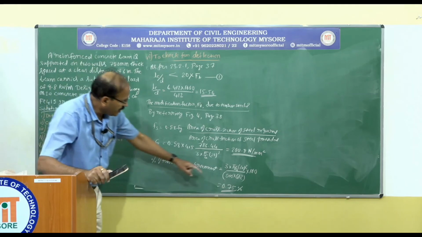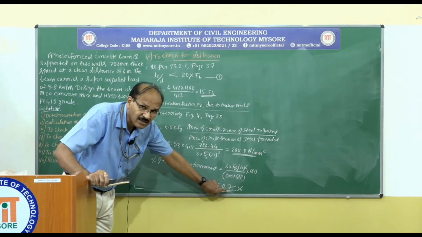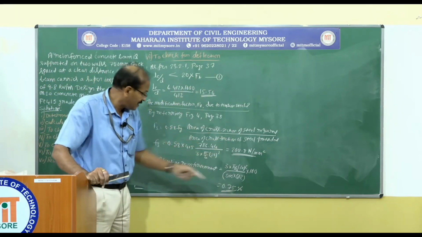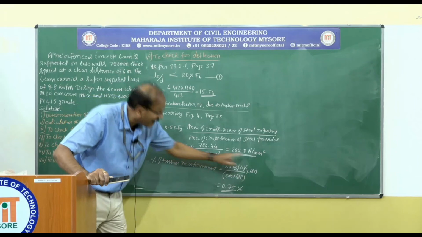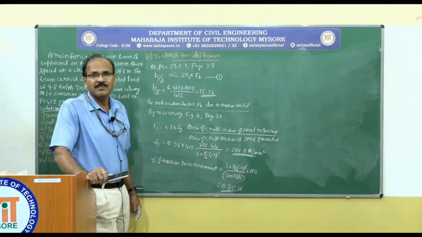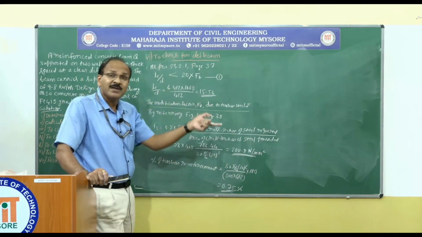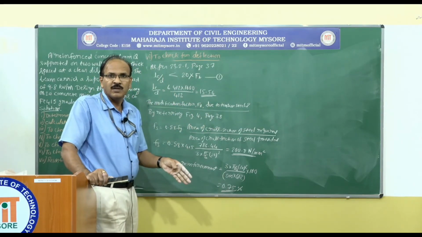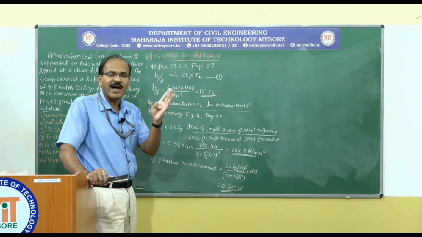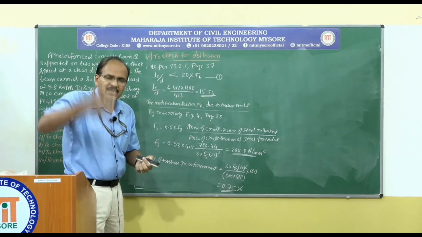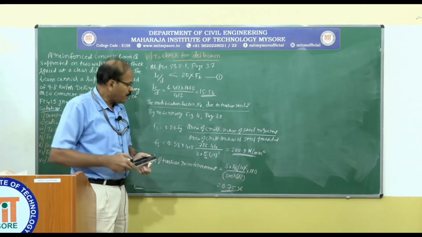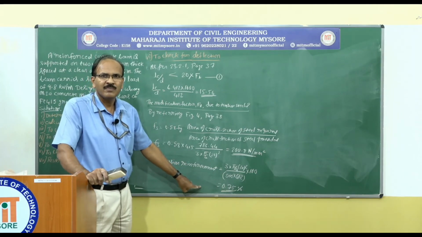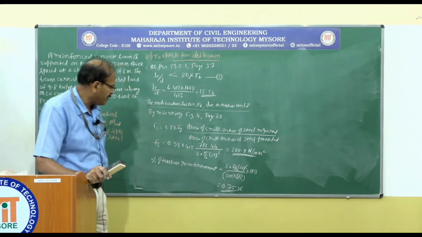So 0.75 is already calculated. You can directly pick up that value from the previous calculation instead of doing it once again. For shear, we calculated the percentage of tension reinforcement at the support. We had 3 bars at the support, and even at the midsection we have 3 bars. So the percentage of reinforcement remains the same, 0.75%.